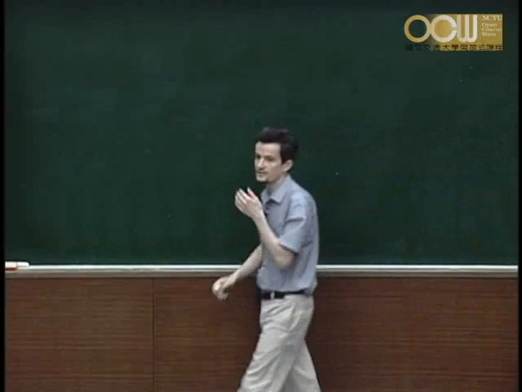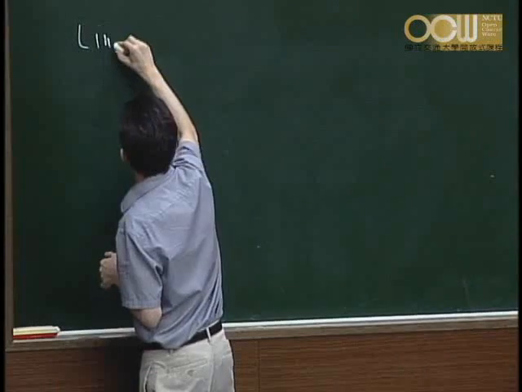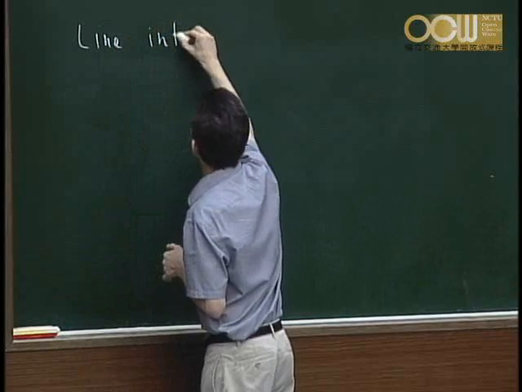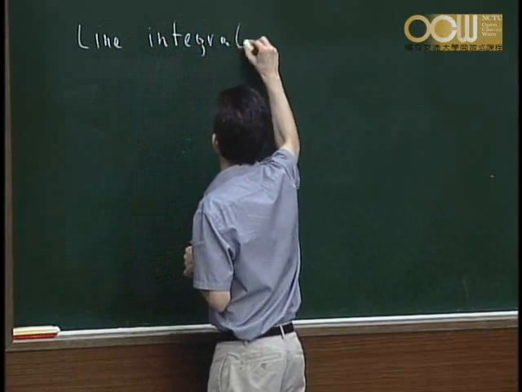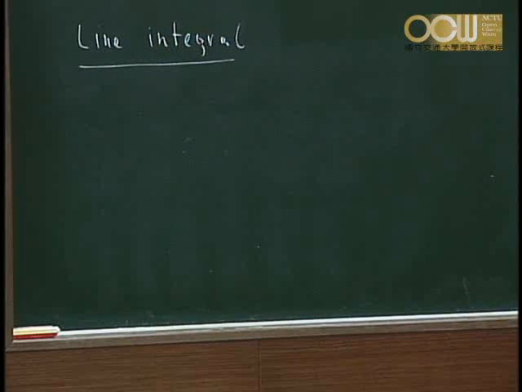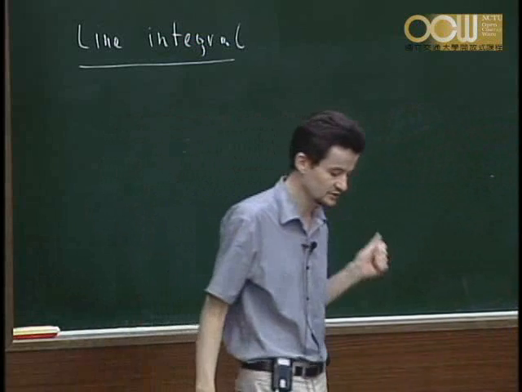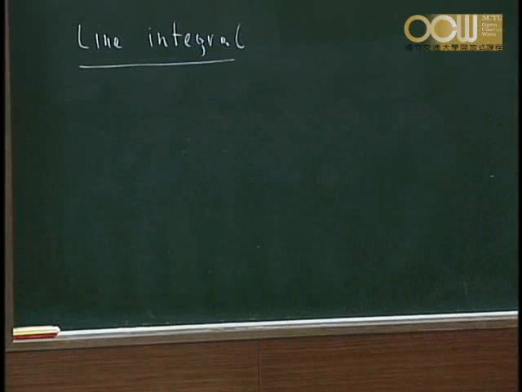Now, actually, there are many line integrals, so we will learn at least four today. We start with the easiest one to motivate from a mathematical point of view. Assume now we are in the plane, not in space.